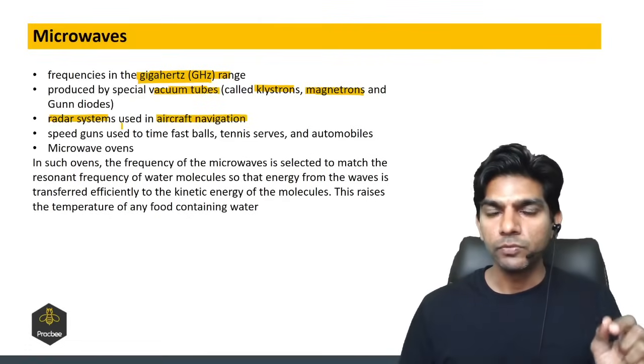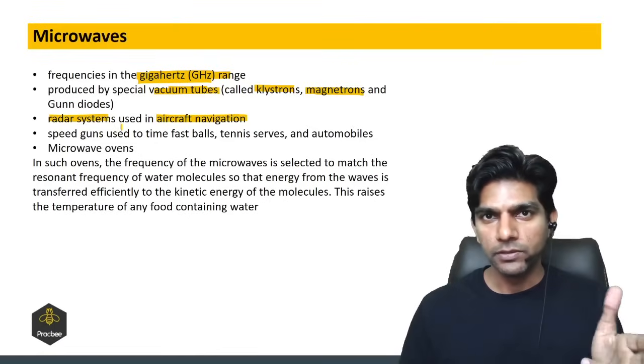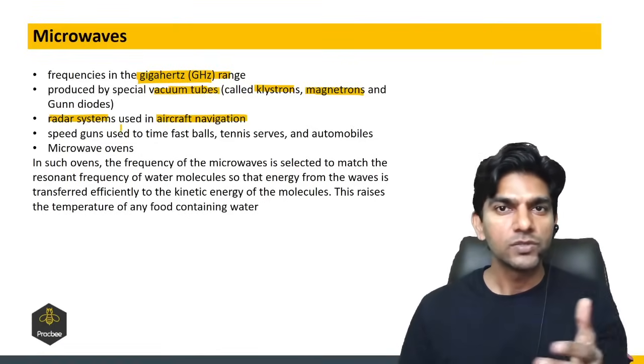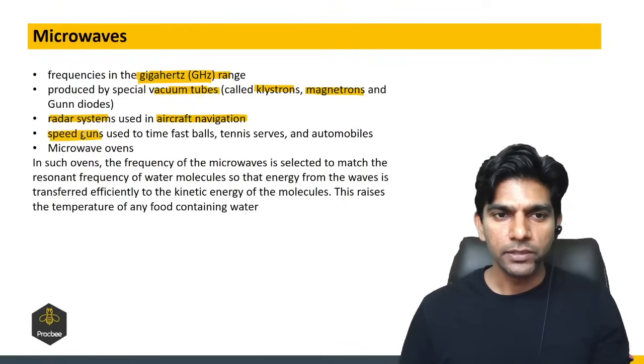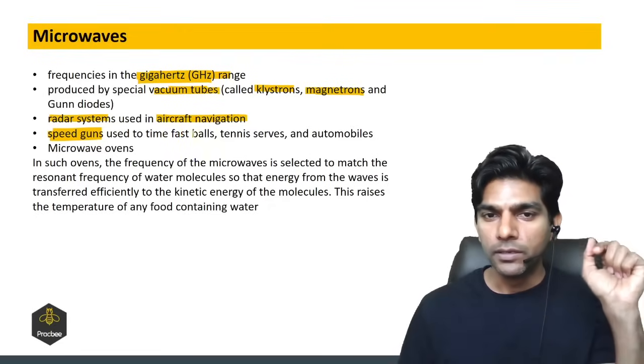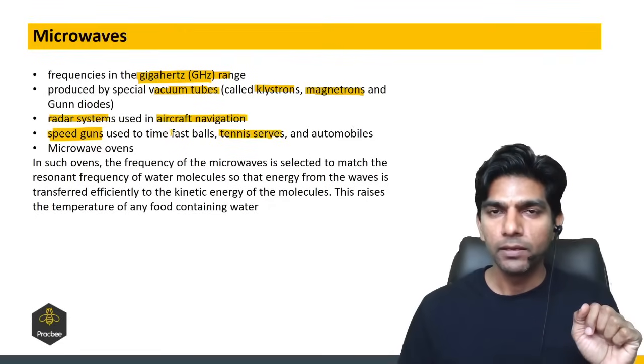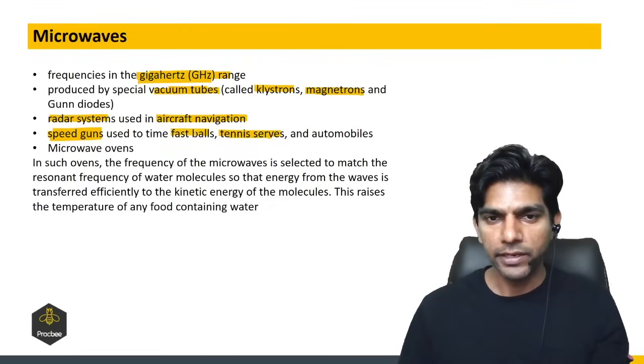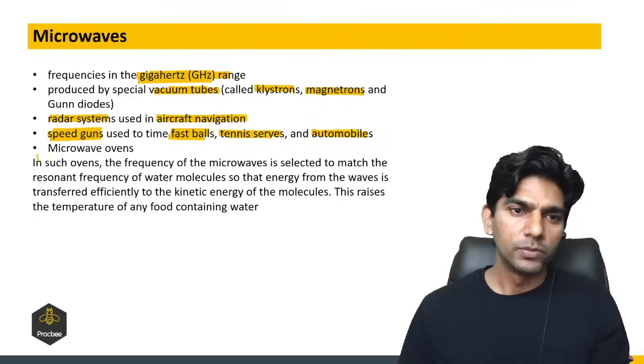It is also used by the traffic police officer to detect the speed of a fast moving car. So it is used in speed guns, which can also check the speed of a tennis serve or the ball bowled by a bowler, and also the speed of automobiles.